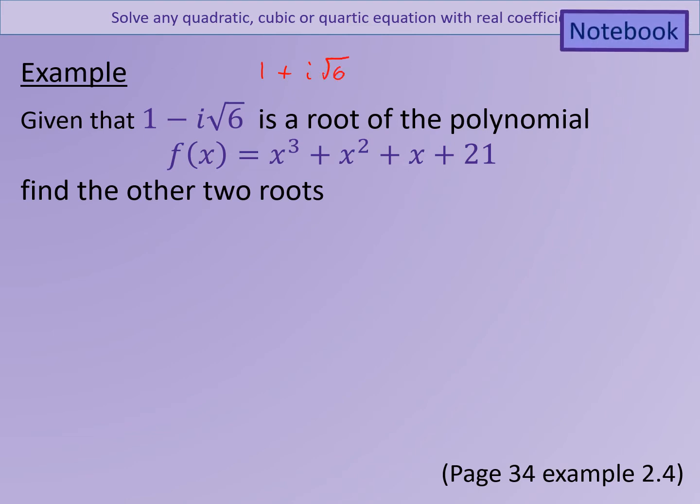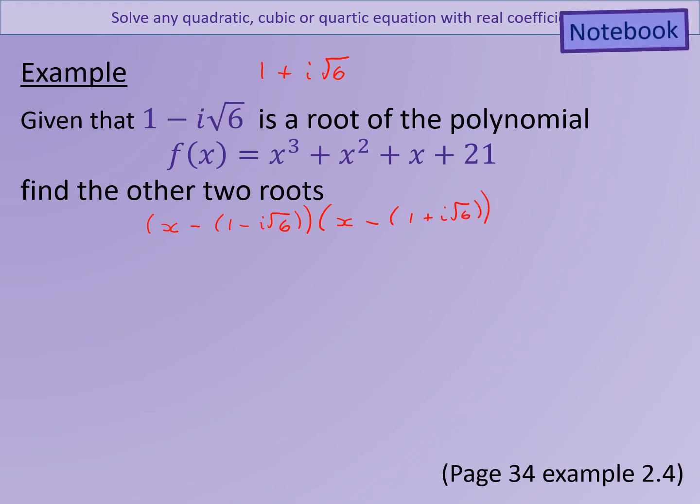So we know that there will be a quadratic factor x minus 1 minus i root 6 and x minus 1 plus i root 6. There will also then be a third factor which we can find. But we're just going to find the quadratic factor first.